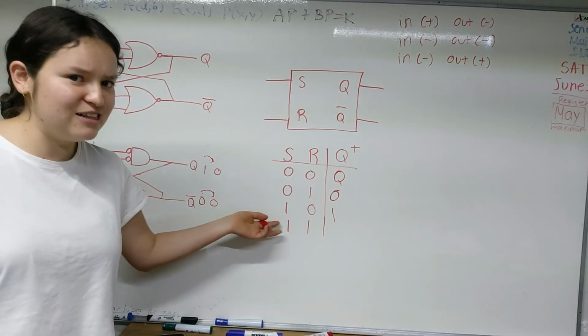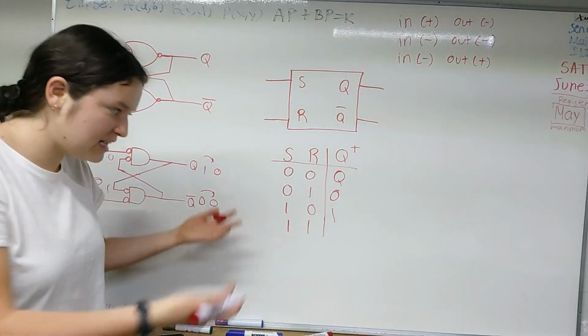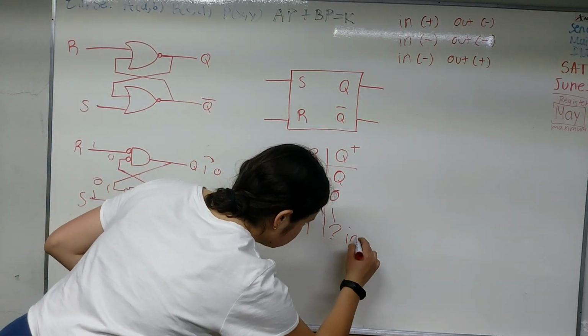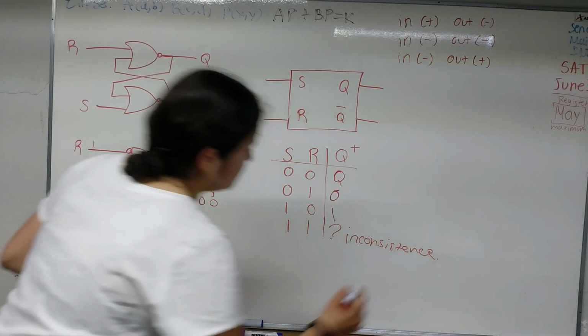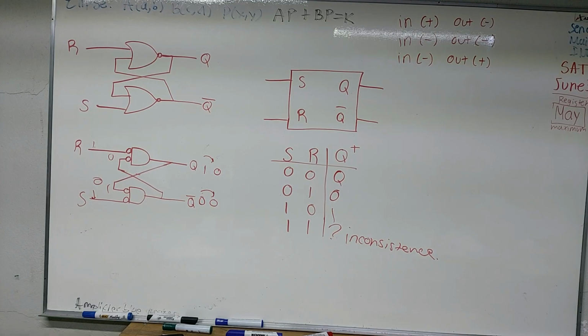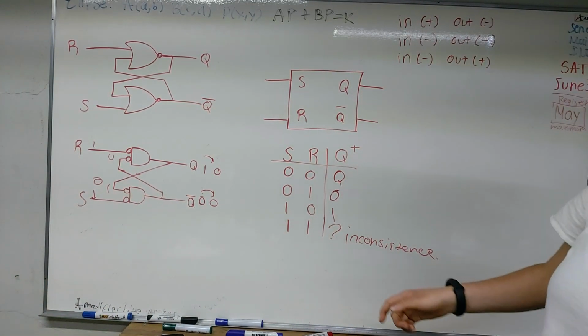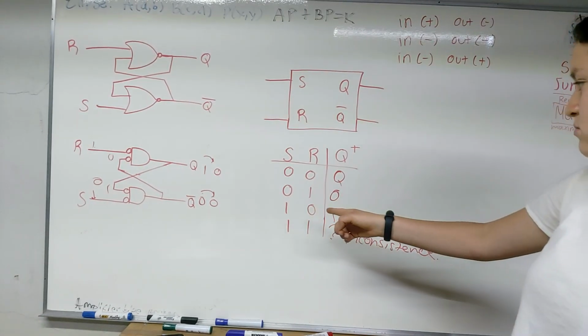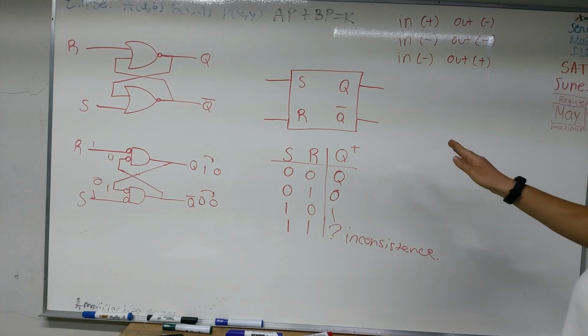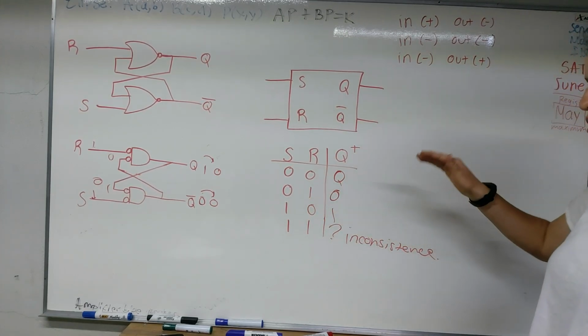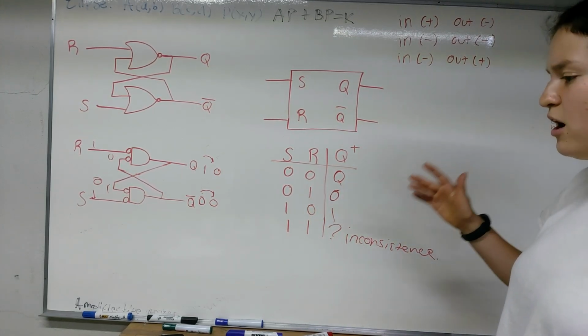We know that doesn't make sense, so it's an inconsistency. Okay, so here we see that when we put set to 1, Q responds to set and Q denied responds to R.